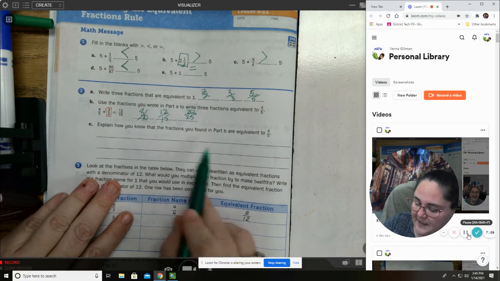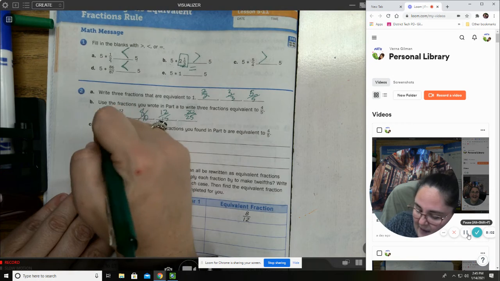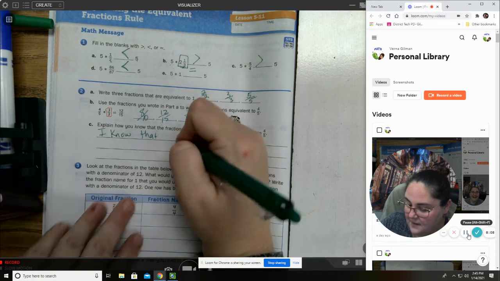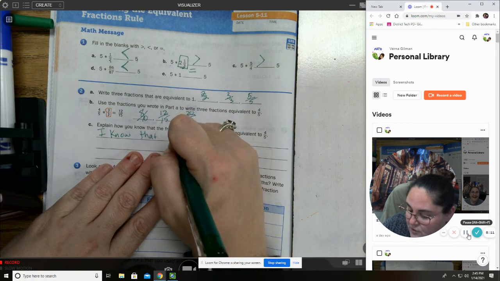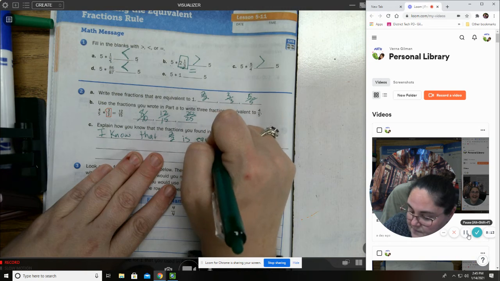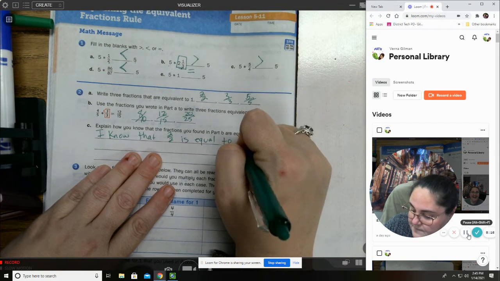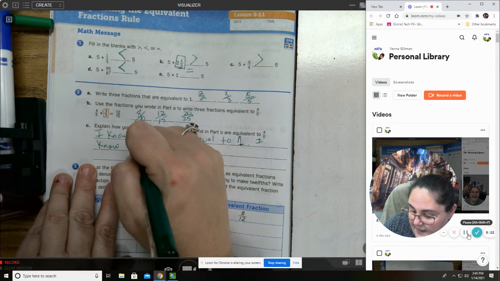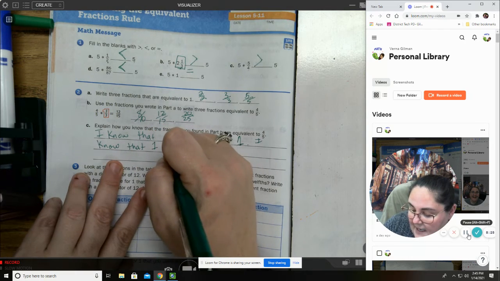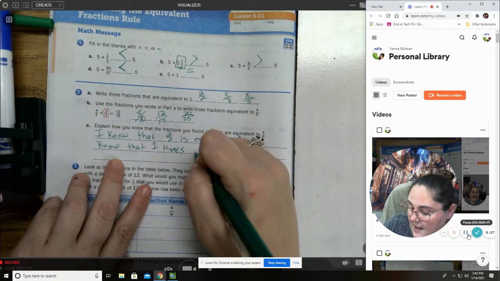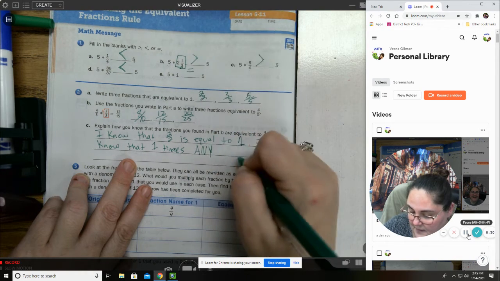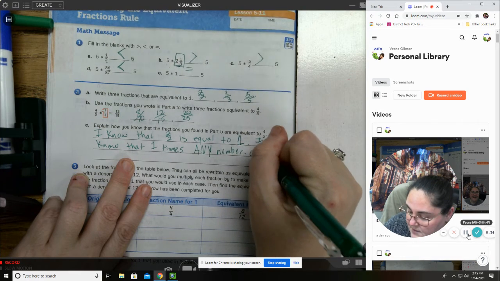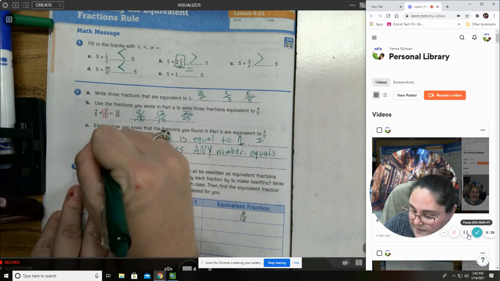All right. So explain how you know that they're equivalent. I know that 2 over 2 is equal to 1. I know that 1 times any number equals itself.